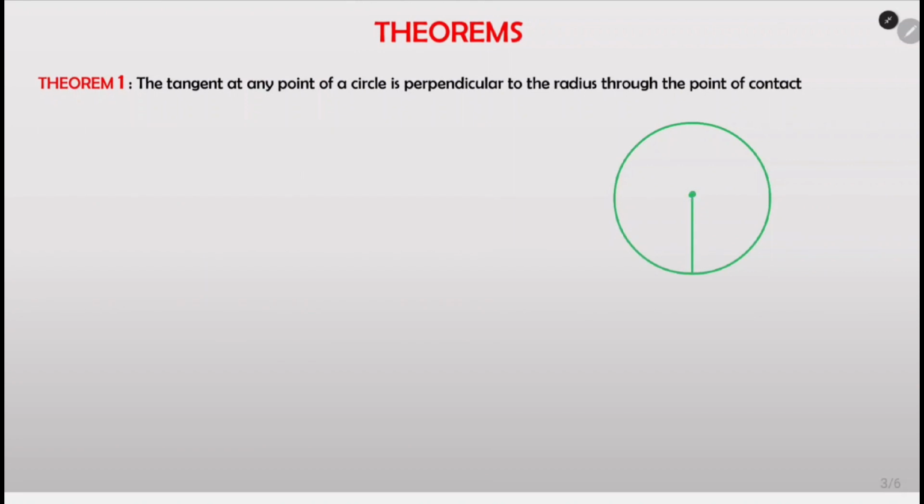And there is a tangent passing through this circle as AB. This is tangent to this circle. So suppose this is O. So what this theorem states is that the intersection of this radius and the tangent at the point of contact will be perpendicular. That means this angle will be 90 degree always.